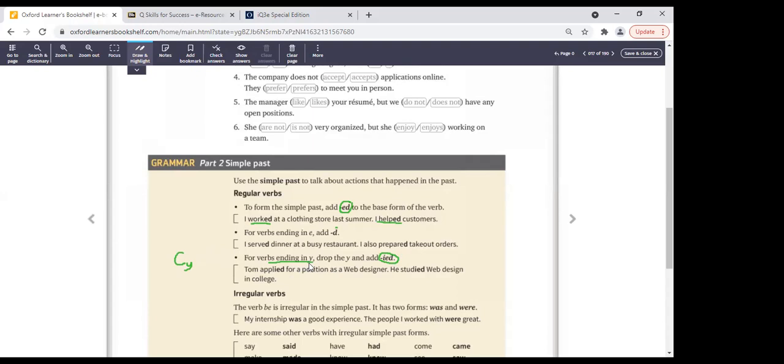Example, play. Play is not a consonant before the y. A is a vowel, so then we just add ed. For this one, we need a consonant, something like apply, the word apply.